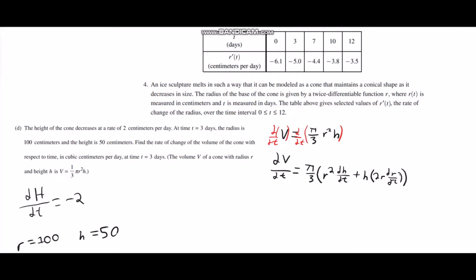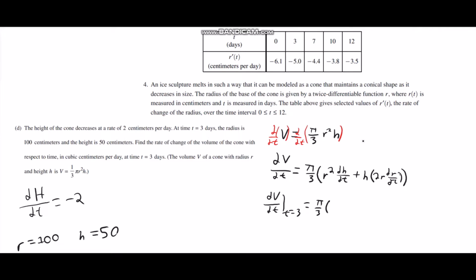All right, so now we have our dV dt, and we just need to plug in values for all of these, and that will give us the value for the dV dt. So we'll say dV dt at time t equals 3 equals, we still have the pi over 3.